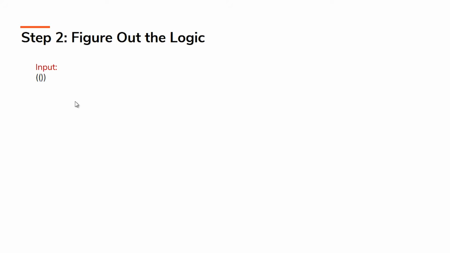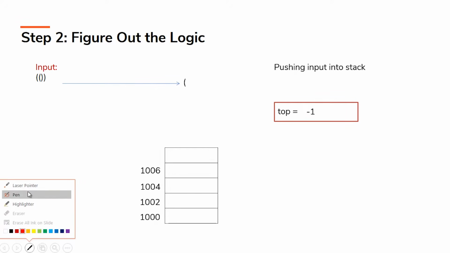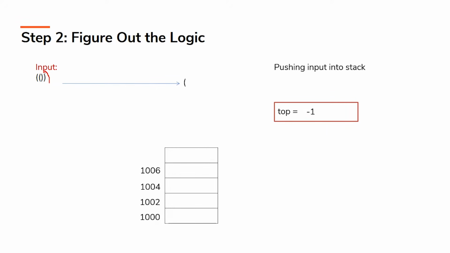So, for example, if I have 2 open and closed brackets, I'll tell you how the stack will work. A stack is nothing but, I'm going to implement the stack using an array. So, this bracket would be my last character.